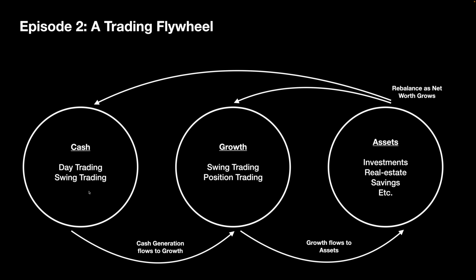So we're thinking in terms of days to maybe a week or two, not really long term swings that we're taking, which we'll use instead for growth. This could be end of day SPX. I know there's a lot of folks that follow me that like to trade end of day SPX. That fits within this cash generation phase of the flywheel.